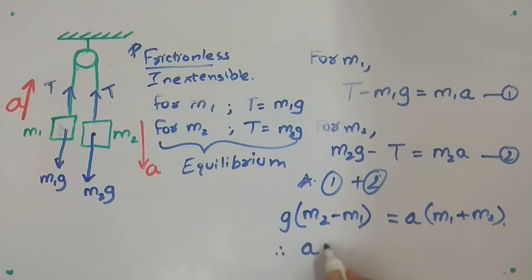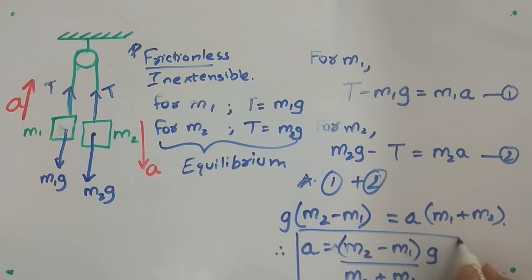So therefore the acceleration is, sorry, the equation for acceleration turns out to be m2 minus m1 into g upon m2 plus m1. So this is the final equation.